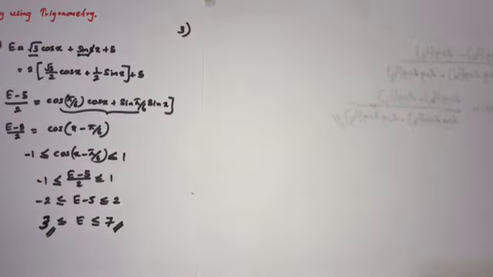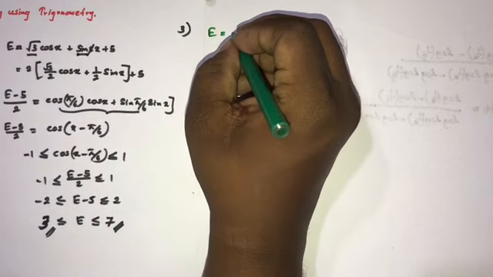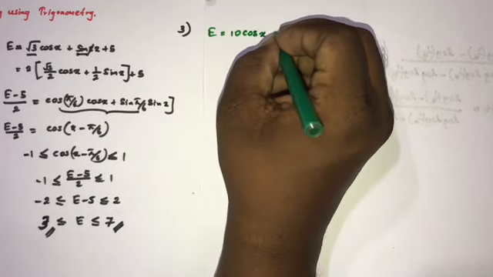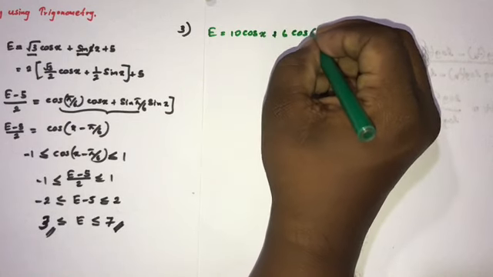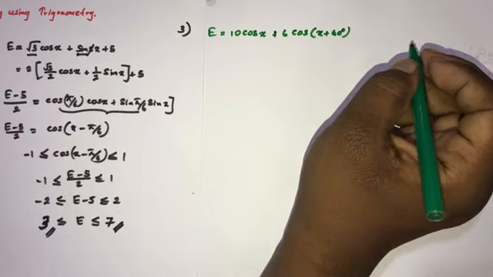Example number 3, I'm going to take a green pen. So E is equal to 10 times cosine of x plus 6 times cosine of x plus 60.